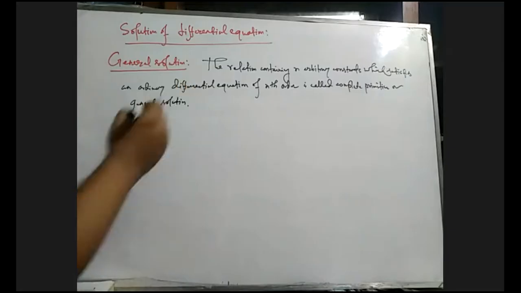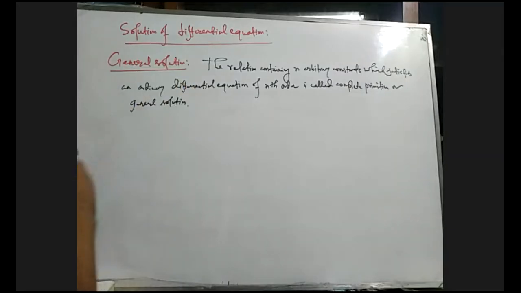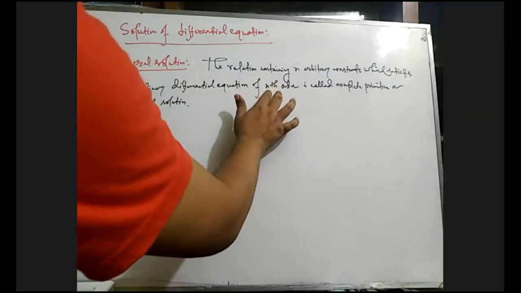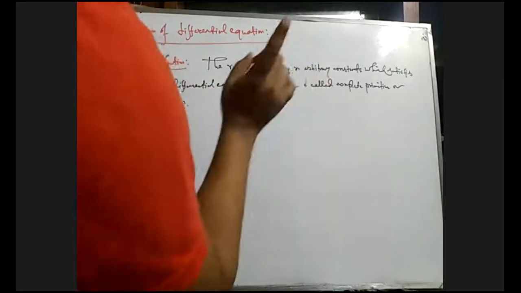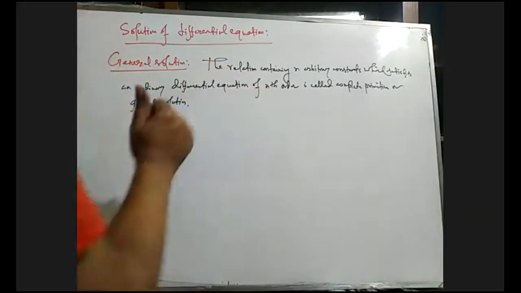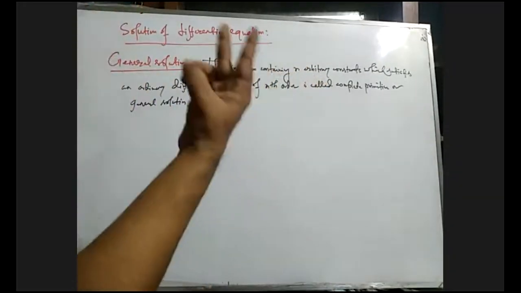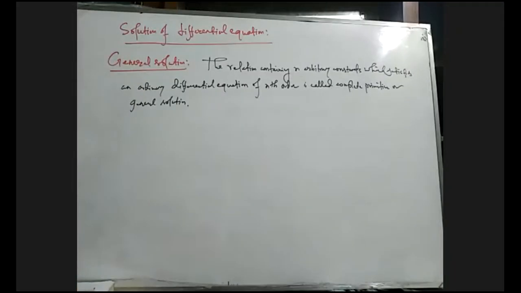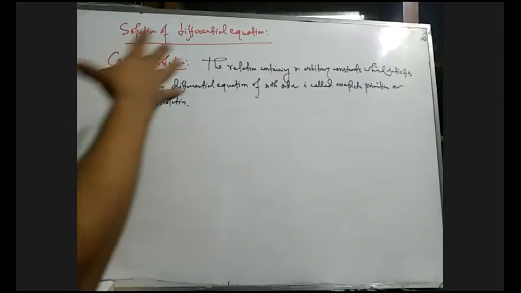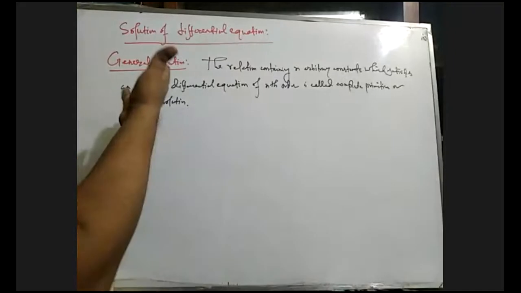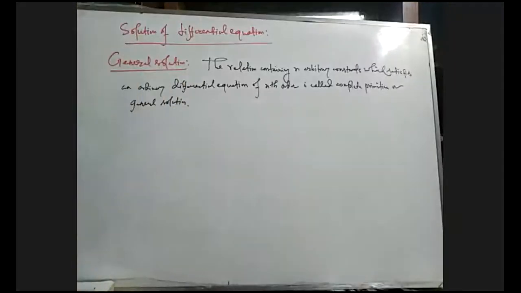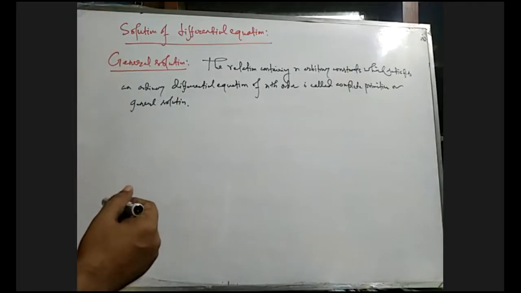Remember this: if the ordinary differential equation is of nth order, then there will be n arbitrary constants. So if it is second order, how many arbitrary constants? 2 arbitrary constants. If these arbitrary constants, after putting them in the original differential equation, satisfy it, then that solution is called the general solution.